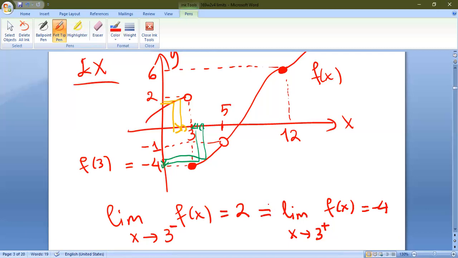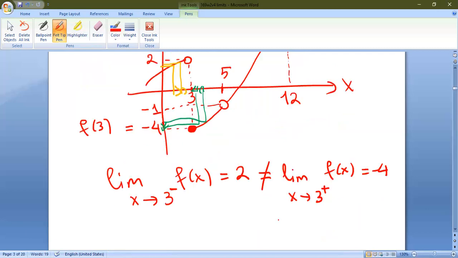These two output values are not the same number, so we say the limit as x goes to 3 does not exist. These two numbers from the left and from the right must be the same number.